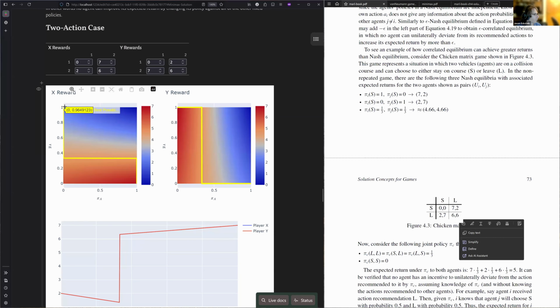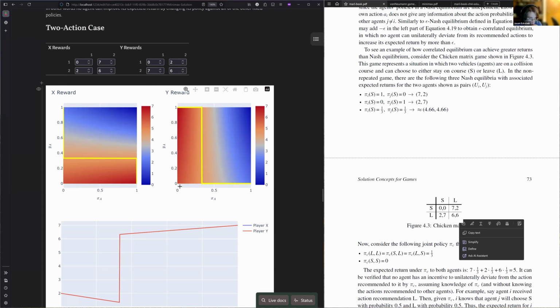So this is saying, for each policy that Y could consider here, X is going to maximize its return from that. So what this yellow line is showing is what X would select in the case where Y has chosen this policy.